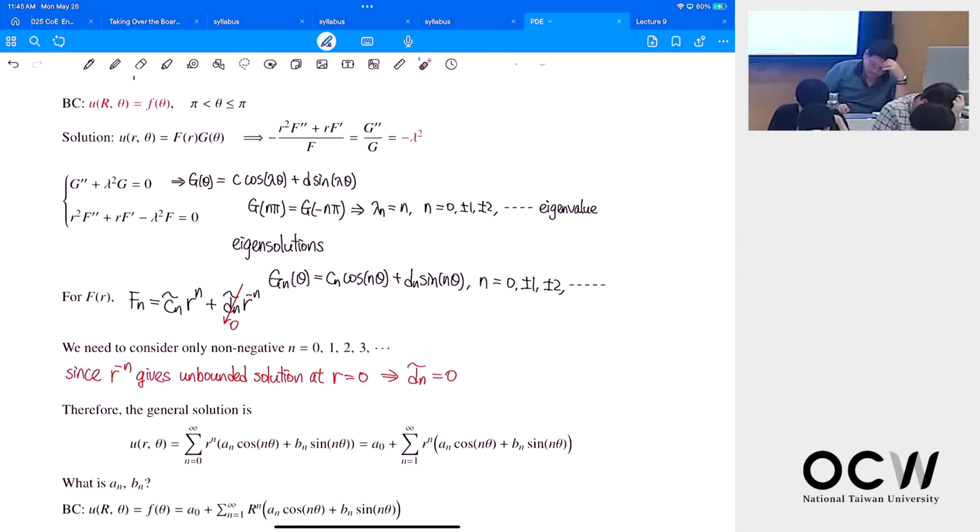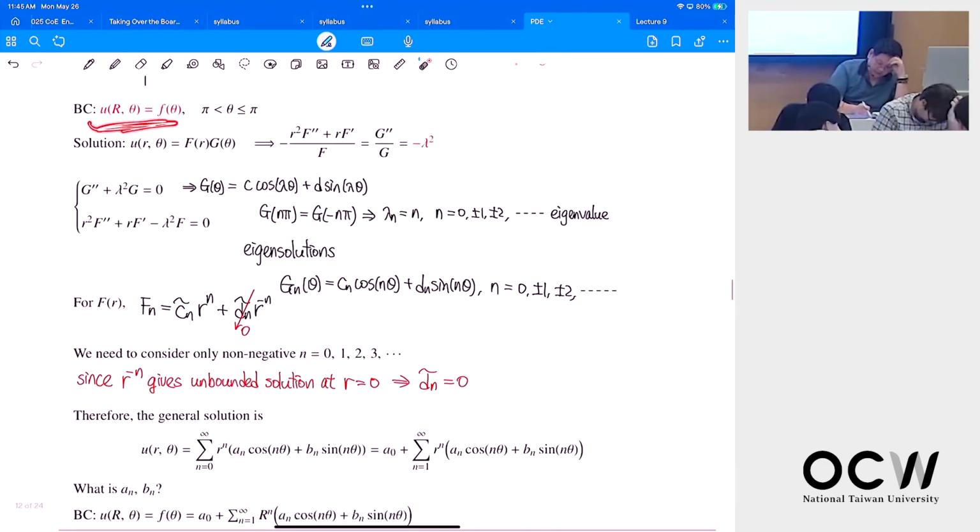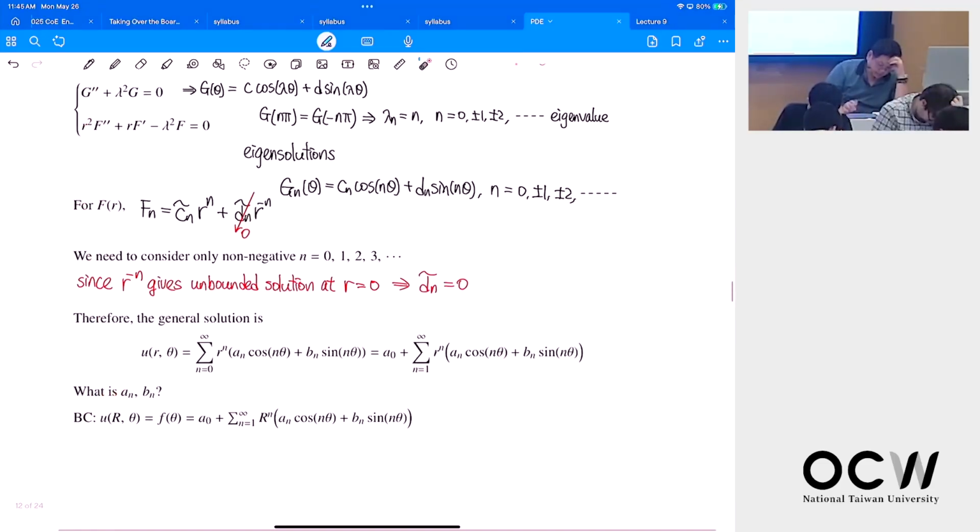And how do you find the A_n and B_n? Use your boundary condition. Finally, here we will apply that. For the boundary condition, okay, this is the Fourier series.